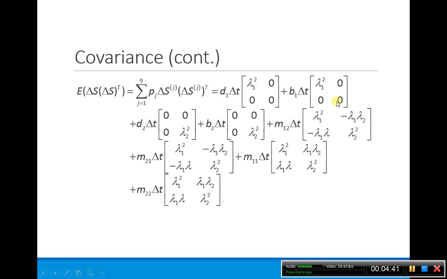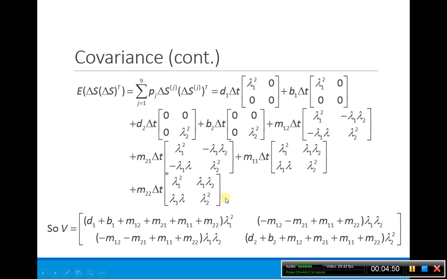Some of the matrices have a lot of zeros, and some of them are non-zero, but they're symmetric. So we combine them all together, and we get this 2 by 2 matrix. And here, all of our first terms are multiplied by lambda 1 squared. And then we have these lambda 1, lambda 2 terms, and then the lambda 2 squared terms.